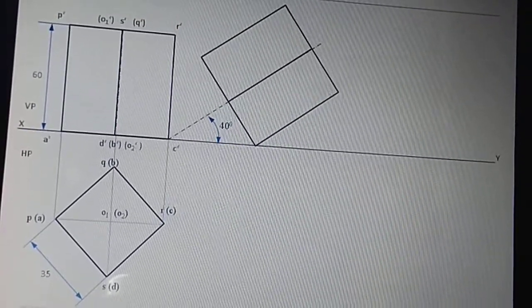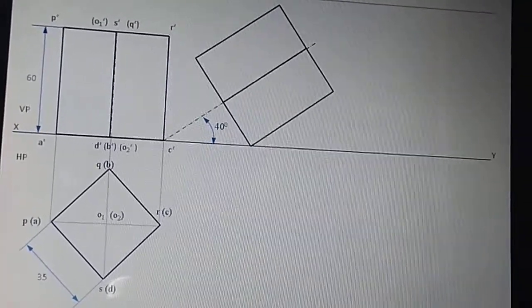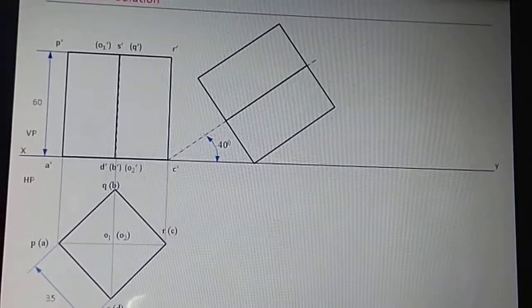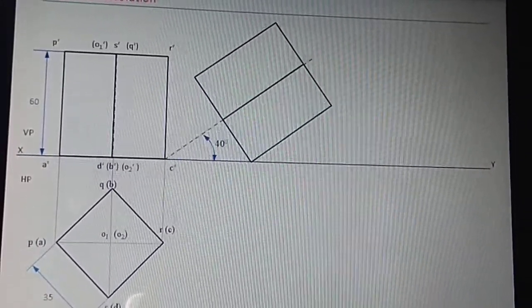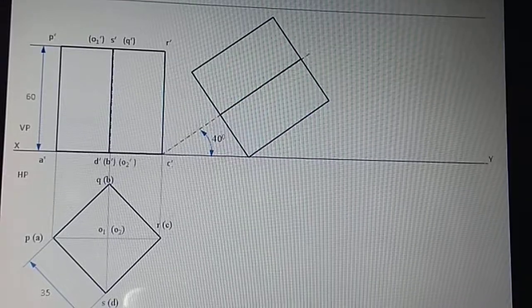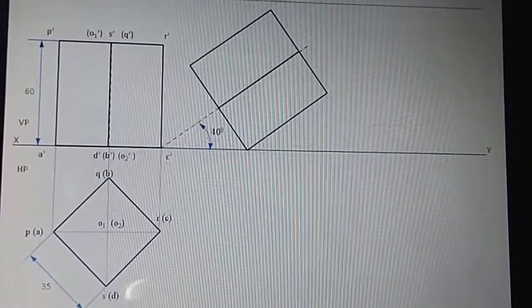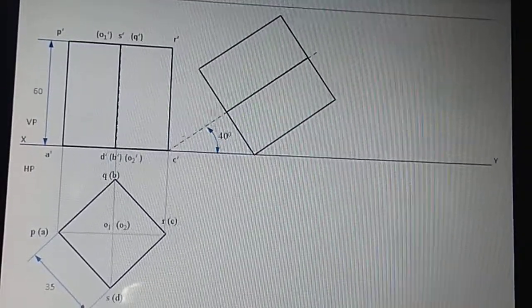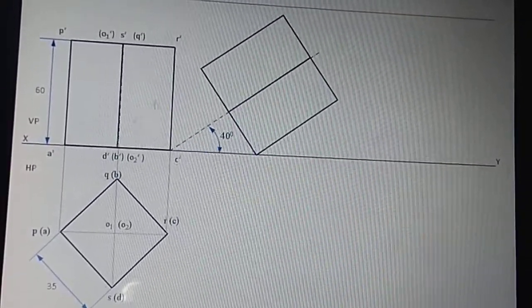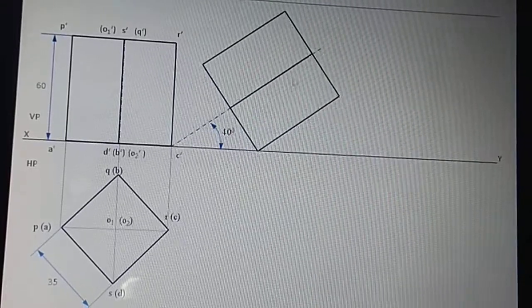Okay, you place the first position front view, the square prism whatever you obtained, so that its axis makes an angle of 40 degrees, and its corner touches the XY line. In this manner, you are going to place that front view in the second position.